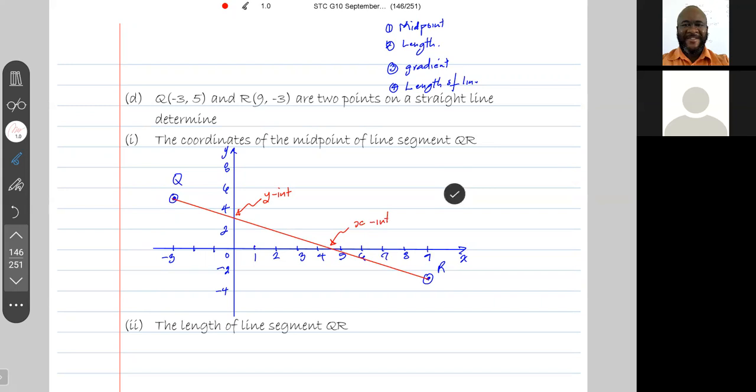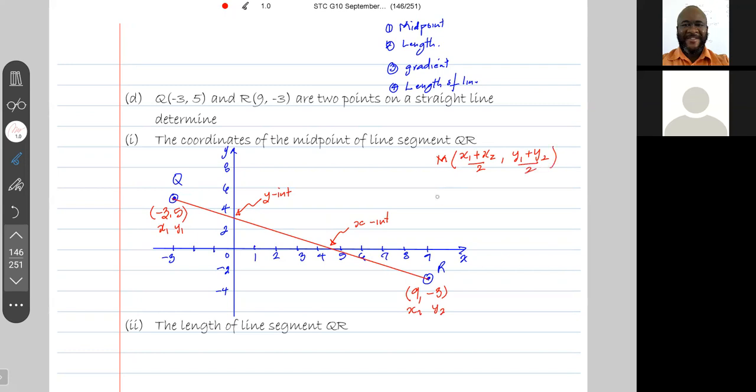All right, Q is the point minus 3, 5, and R is the point 9, minus 3. This is my x1, y1, and my x2, y2. The midpoint M is x1 plus x2 over 2, comma, y1 plus y2 over 2.